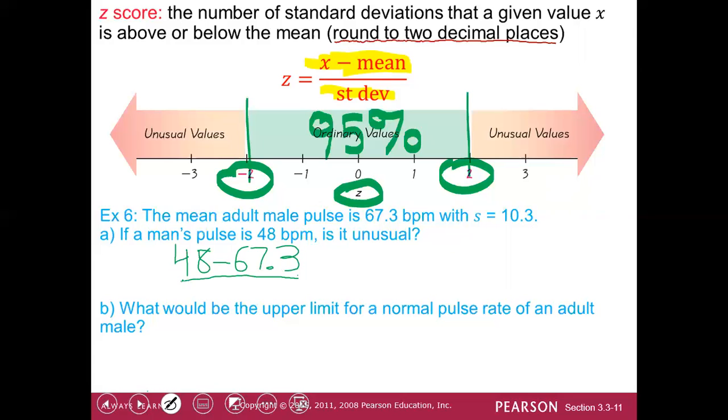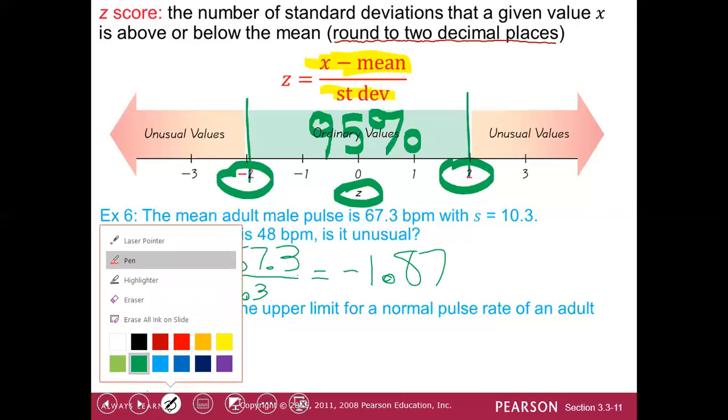And I'm going to divide by the standard deviation, 10.3. And again, this is to calculate my z-score, and that score is for the specific value, 48. So if I run those numbers, and again, I'll round to 2 decimals, that would be negative 1.87.